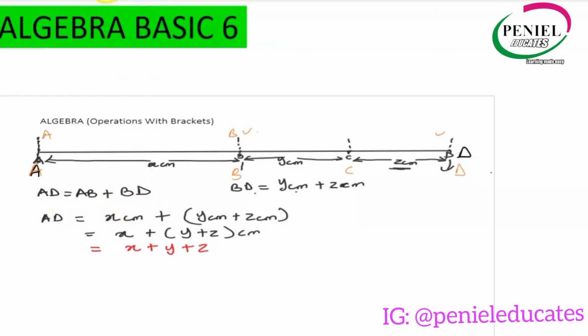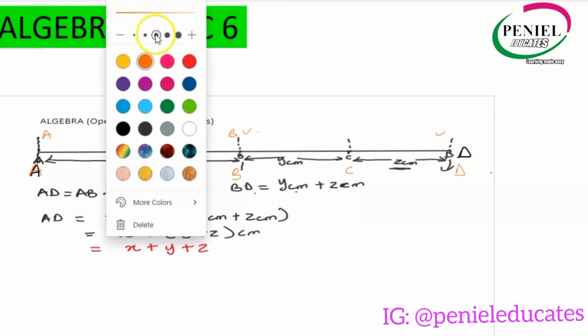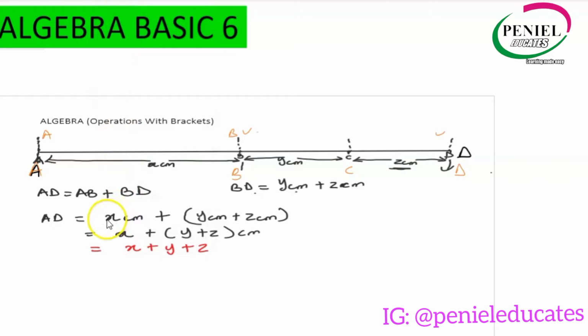Now if the line AB is X centimeter, and we have line BC to be Y centimeter, then we have line CD to be Z centimeter.